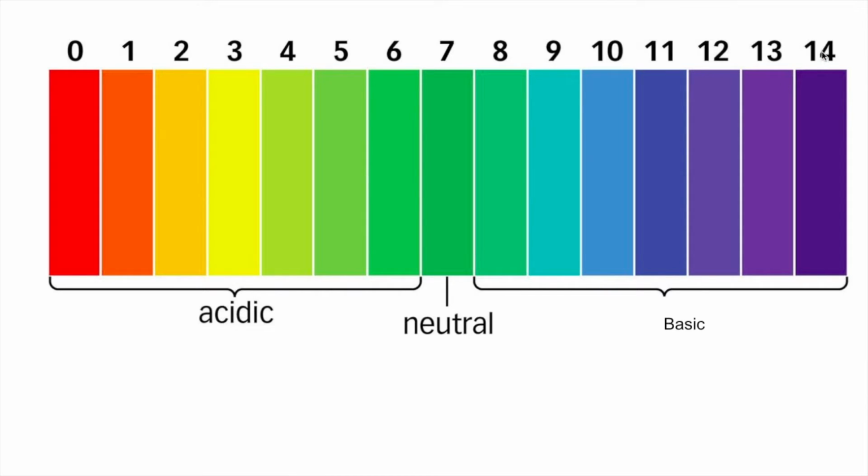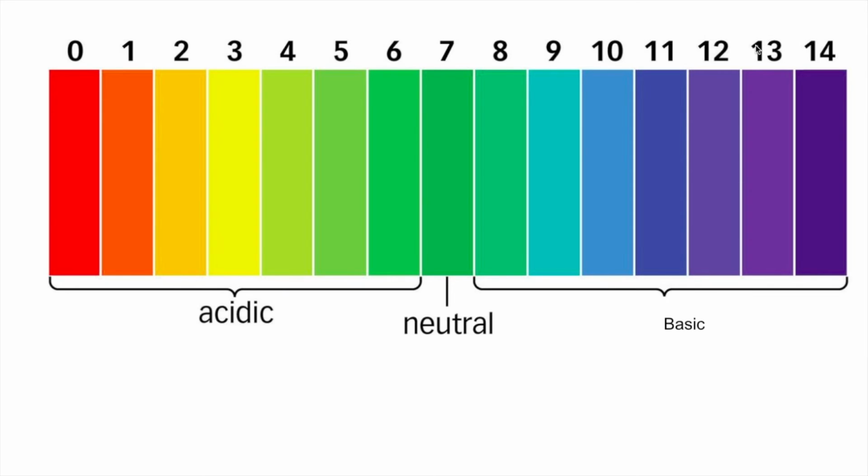As I decrease, so if I go from 14 to 13, 12, and 11, I start increasing my hydrogen atoms, okay, and they increase tenfold. So let's say I start with a concentration of 1 hydrogen.